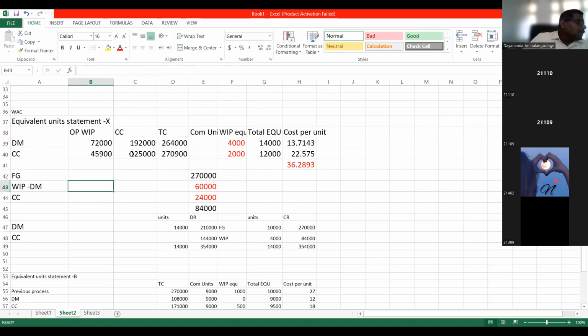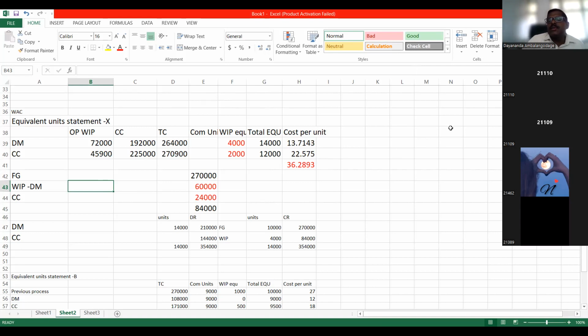Units started during the period, closing WIP, material added, units transferred, units during this period, units started during the period, closing WIP. In the question, closing material is not given, completed unit is not given.